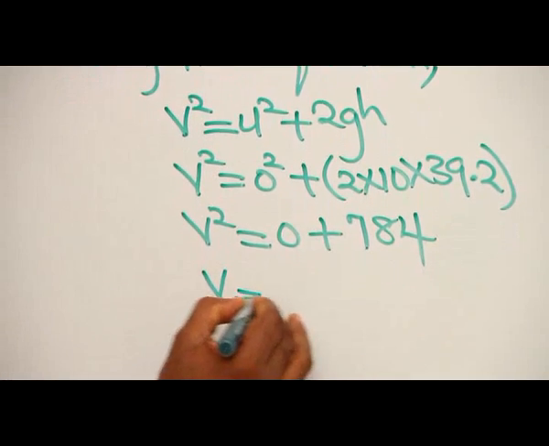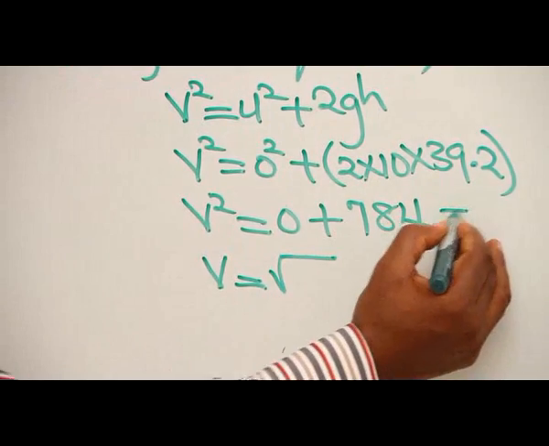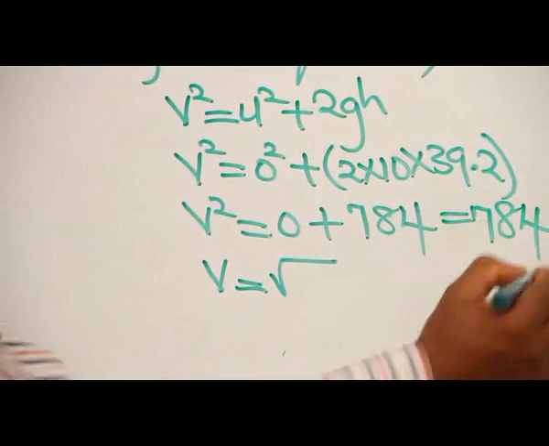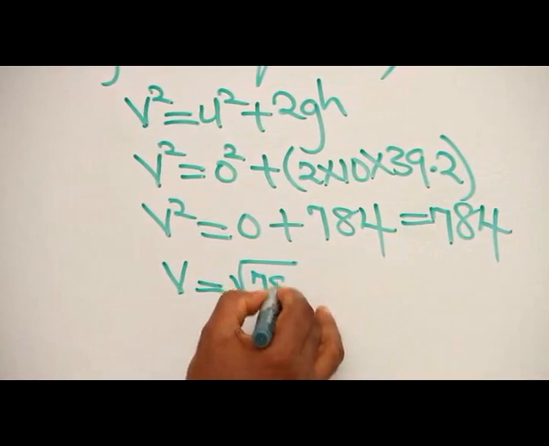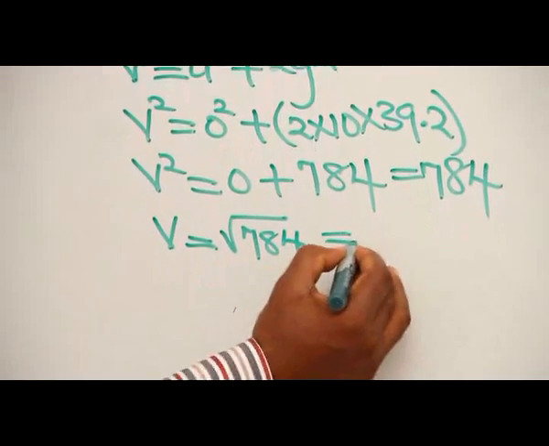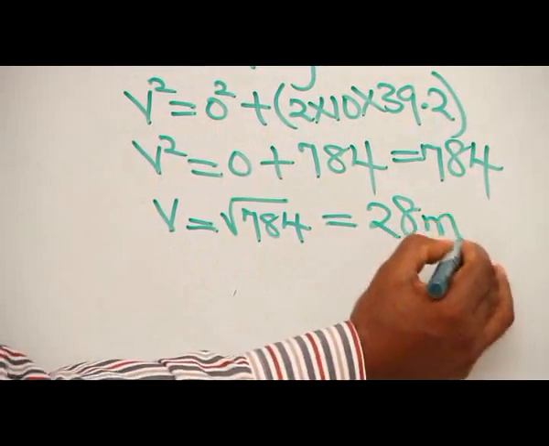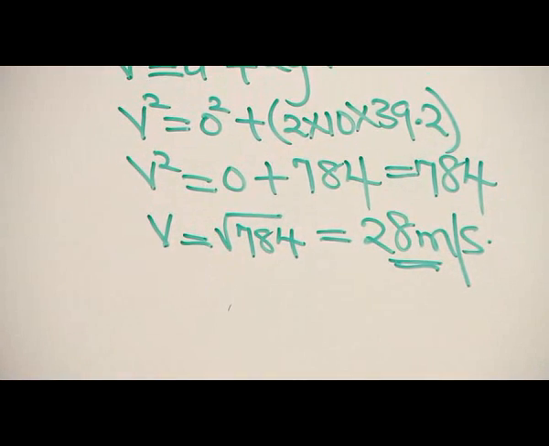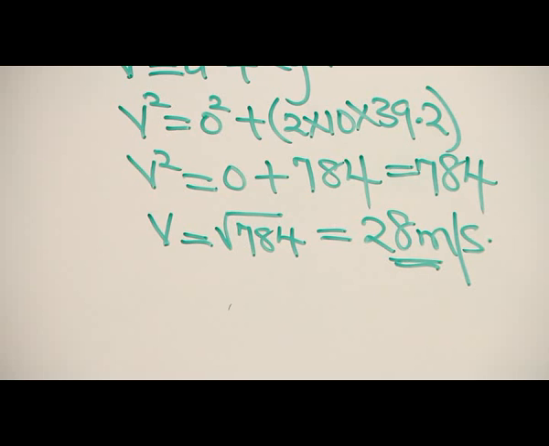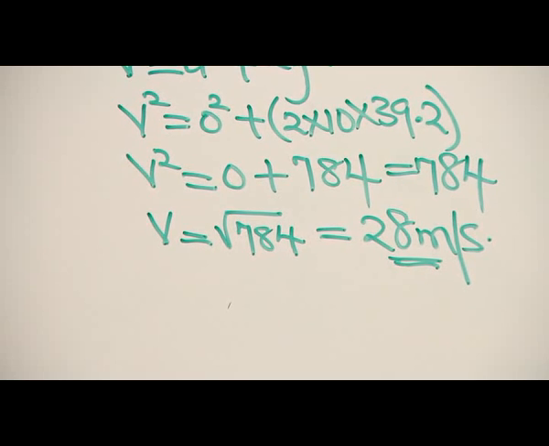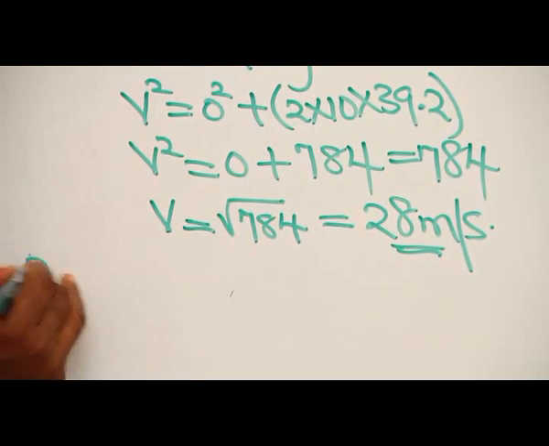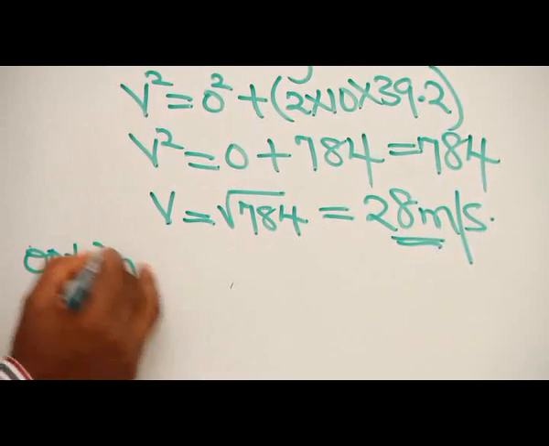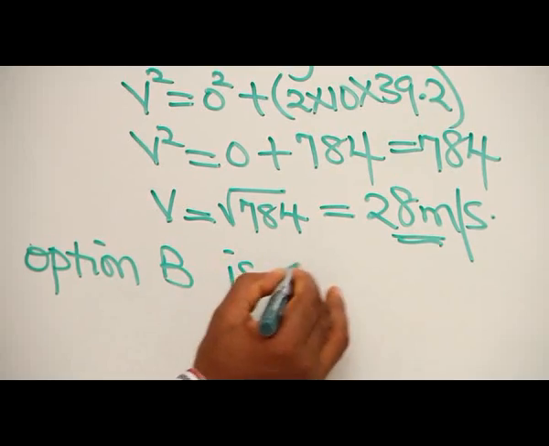The final speed will give us square root of 784, which is 28 meters per second. By this solution, the right option is B. Option B is correct.